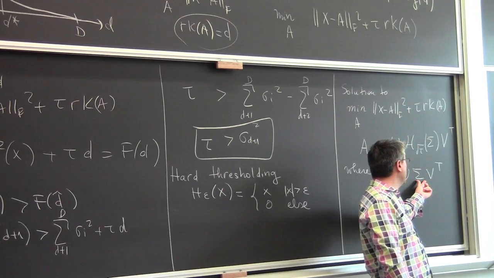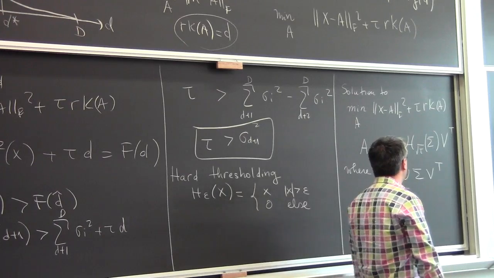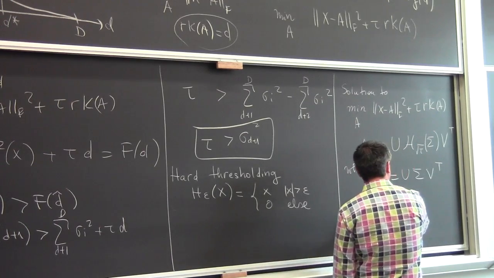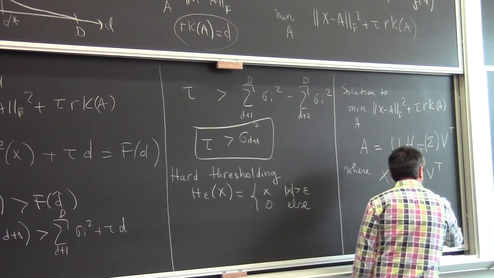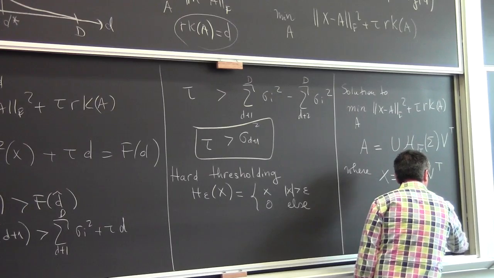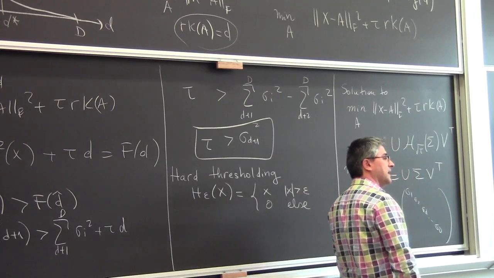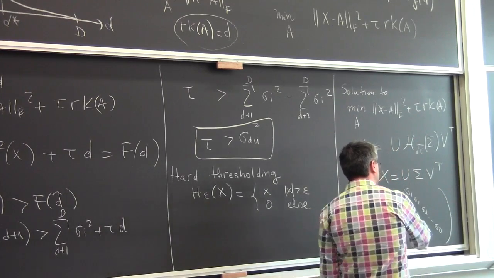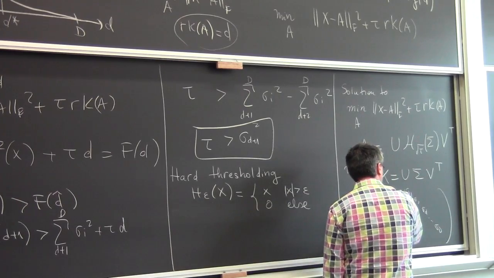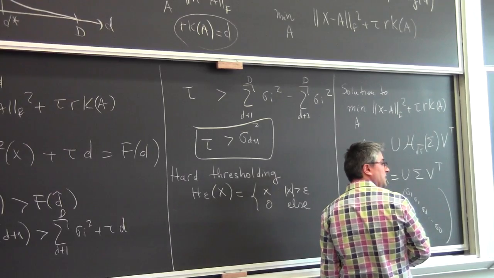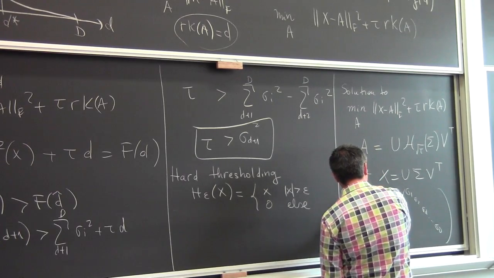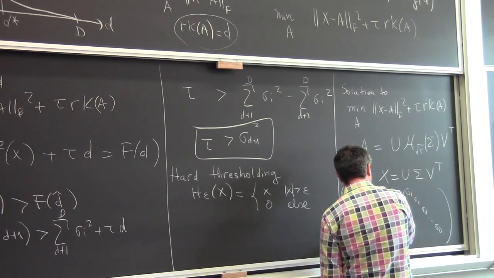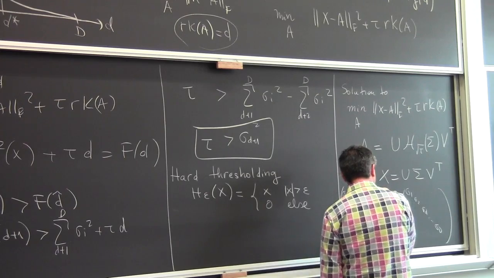So that's exactly equivalent to what I just said, because see, if Sigma had sigma 1, sigma 2, sigma little d, and then sigma capital D, and I apply the hard thresholding operator, then I'm only going to get the first d, and all others will be set to 0.